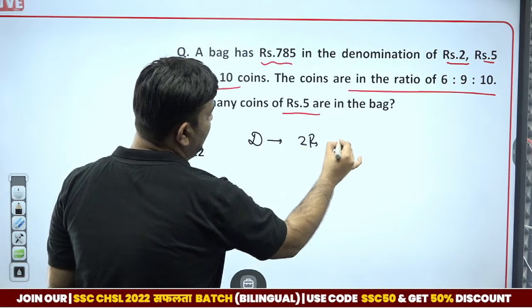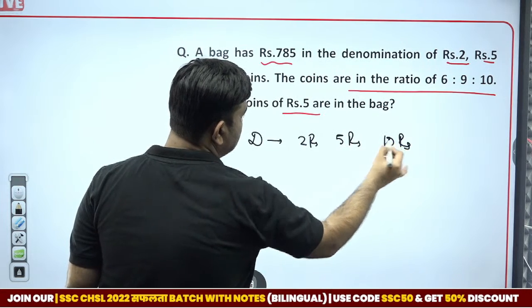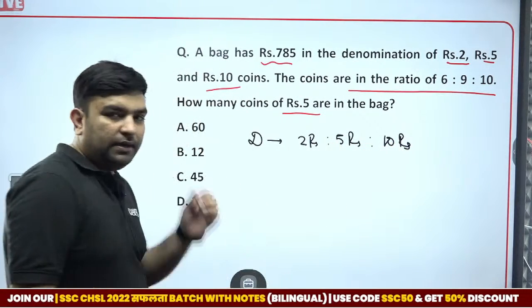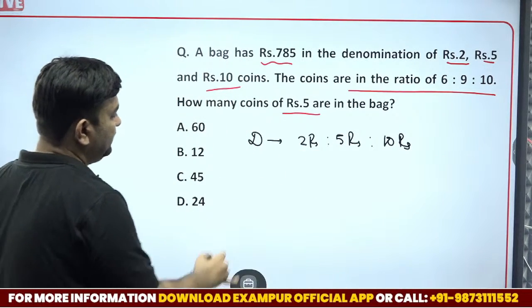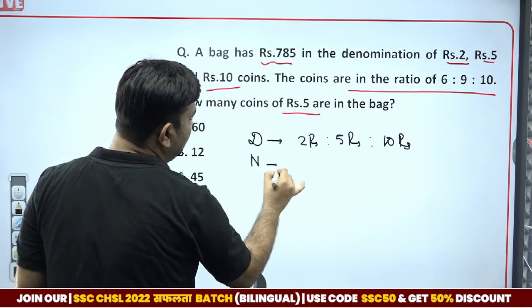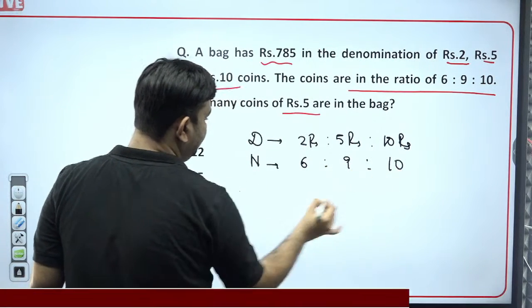Denominations are 2 rupee, 5 rupee, 10 rupee. And the numbers are in the ratio 6, 9, 10.